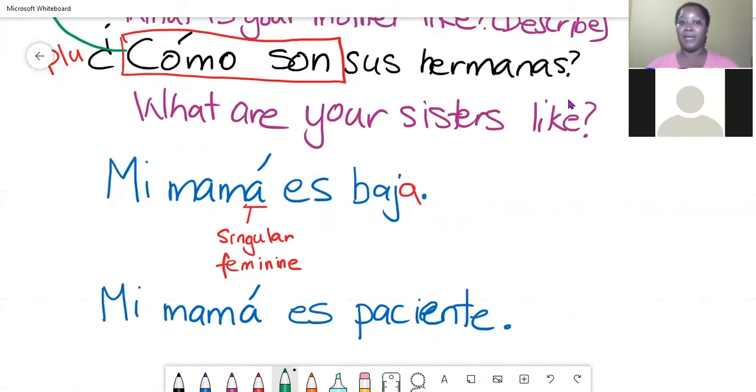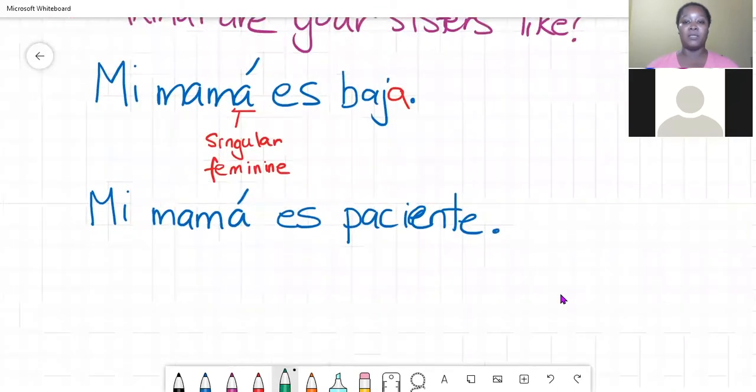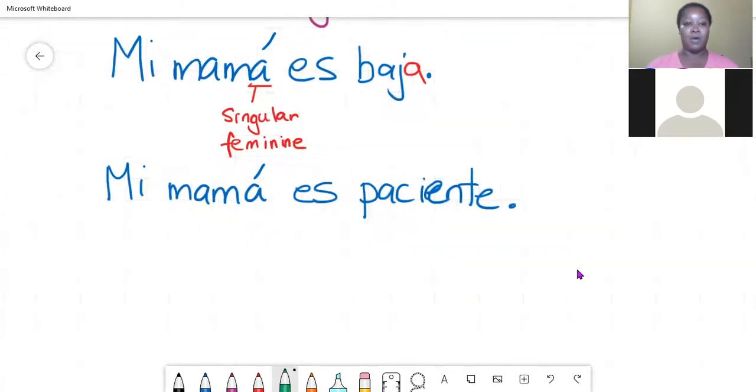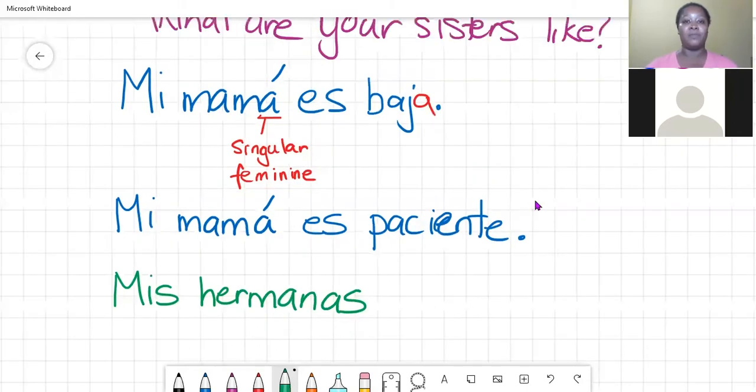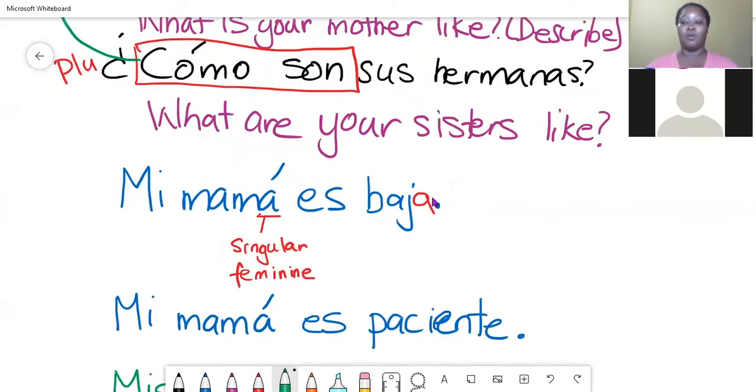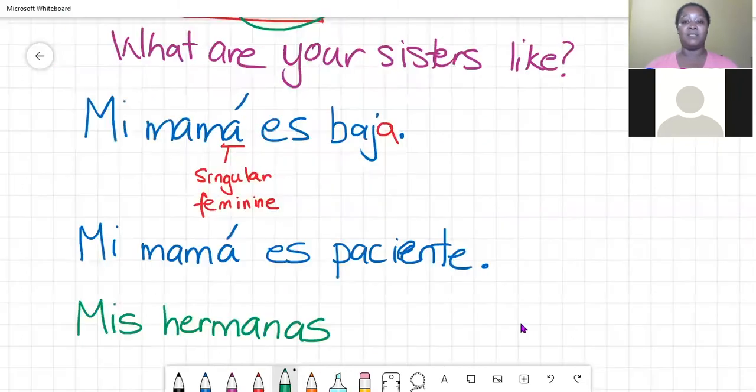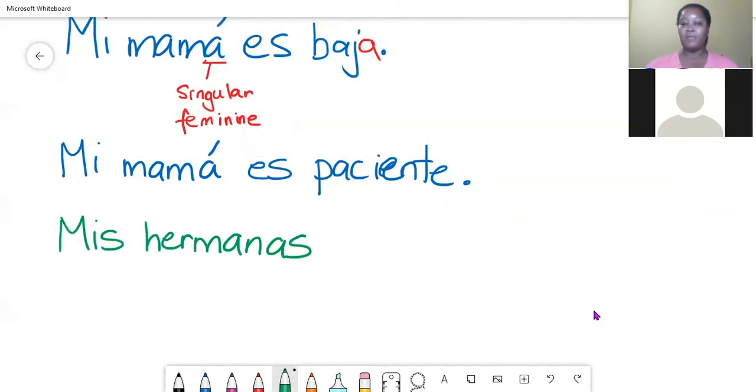In your response, the sus is going to become mis, and hermanas remains hermanas. Now, I want to say my sisters are short. In our question, the verb that we used was son. Let's put a circle around that so you can see it clearly. Son. It therefore means in the response, we're going to use son.